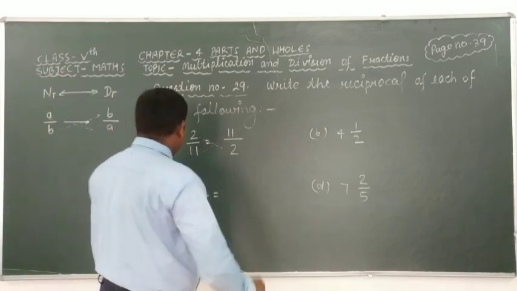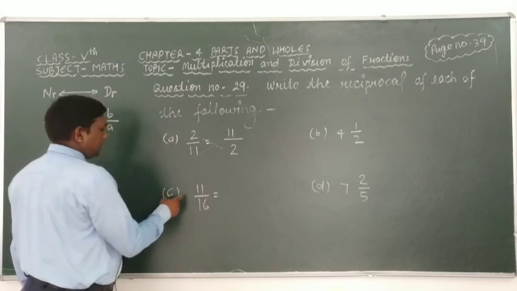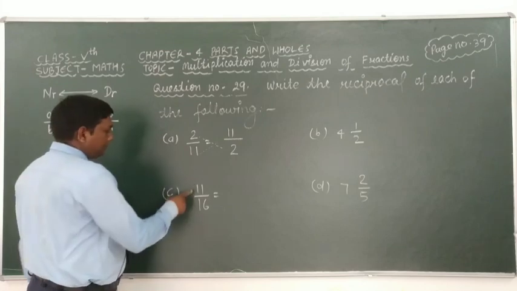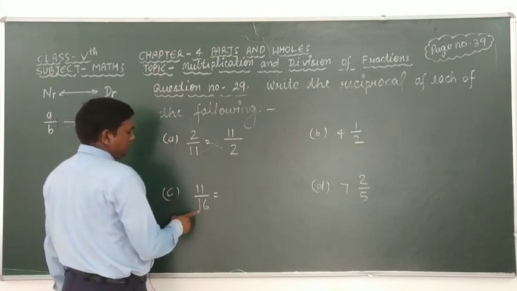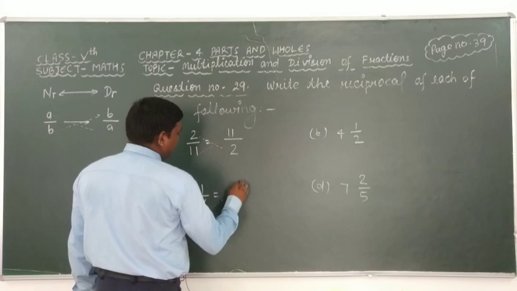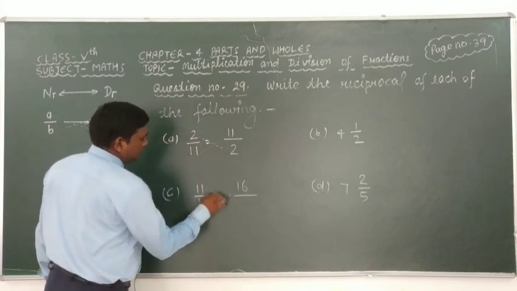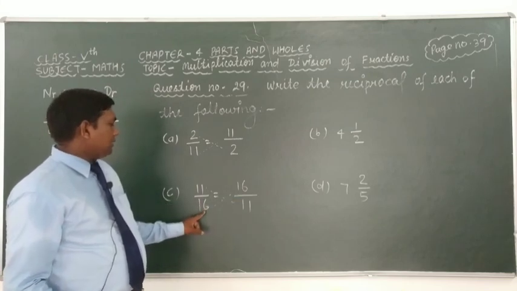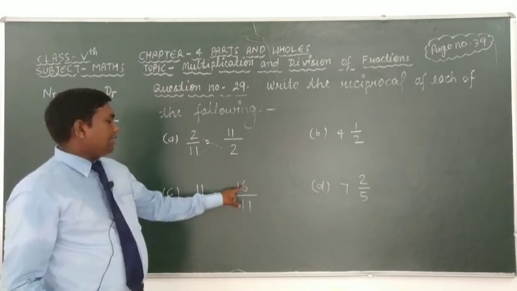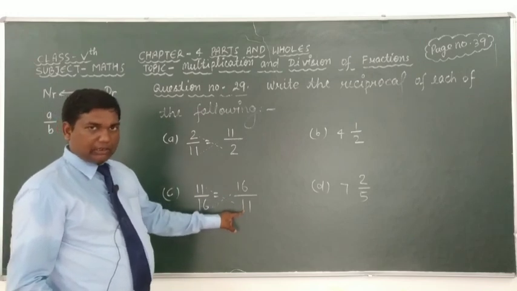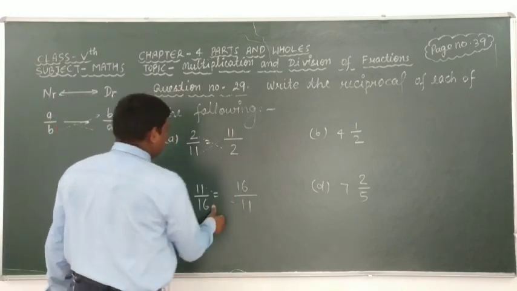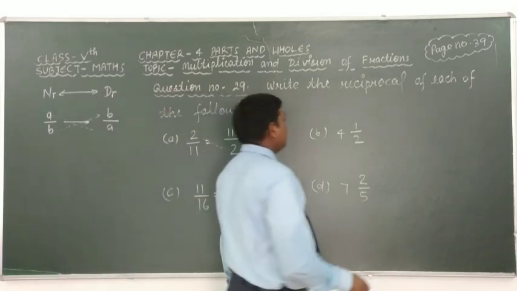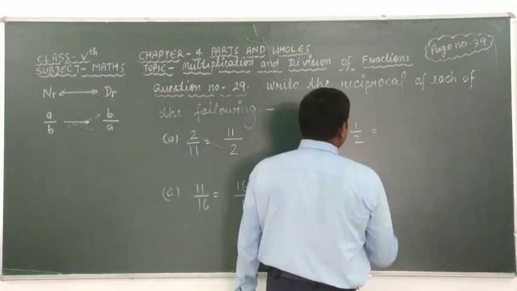Similarly, in question C, here given is 11 over 16, therefore the reciprocal of 11 over 16 is 16 over 11. We write 16 in numerator and 11 in denominator. Then we get the reciprocal of this number. Understand?